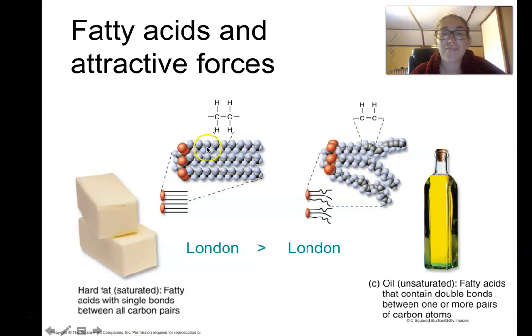We have saturated fats that have straight chains of alkanes, and then we have unsaturated fats, which have double bonds, which cause the chains to be bent, and so they don't stack as nicely. They don't stack very well together, and so their London forces are weaker, which is why fatty foods that are high in saturated fats tend to be solid at room temperature, whereas those that are high in unsaturated fats are liquids at room temperature. They have weaker forces.